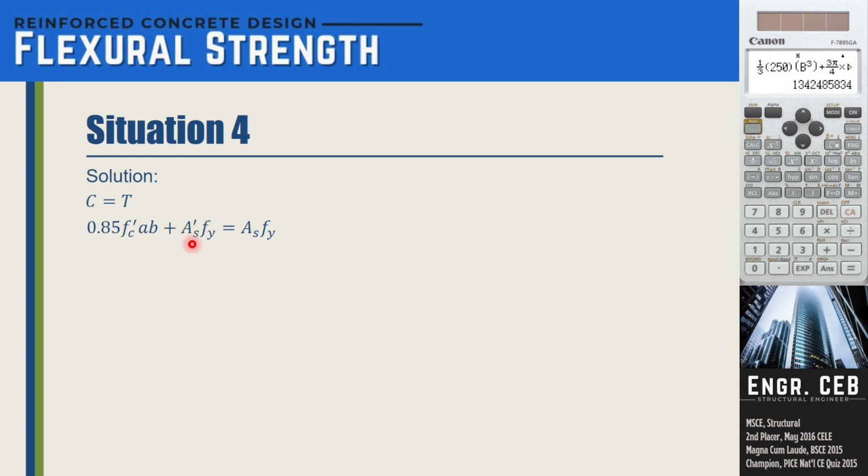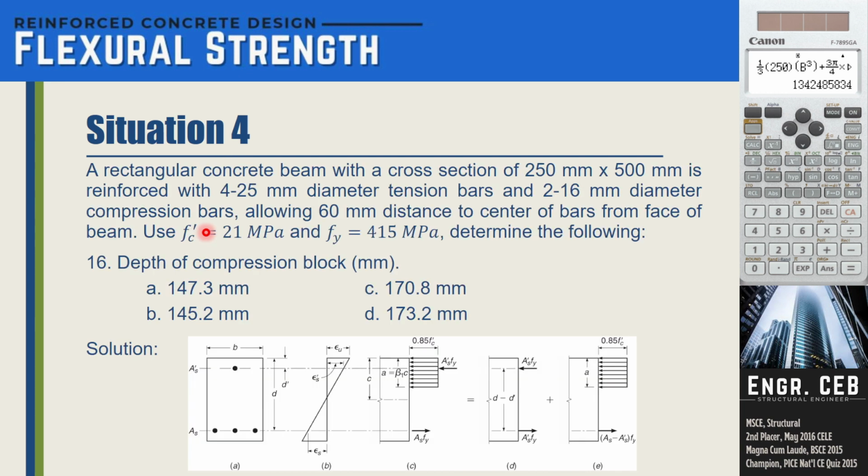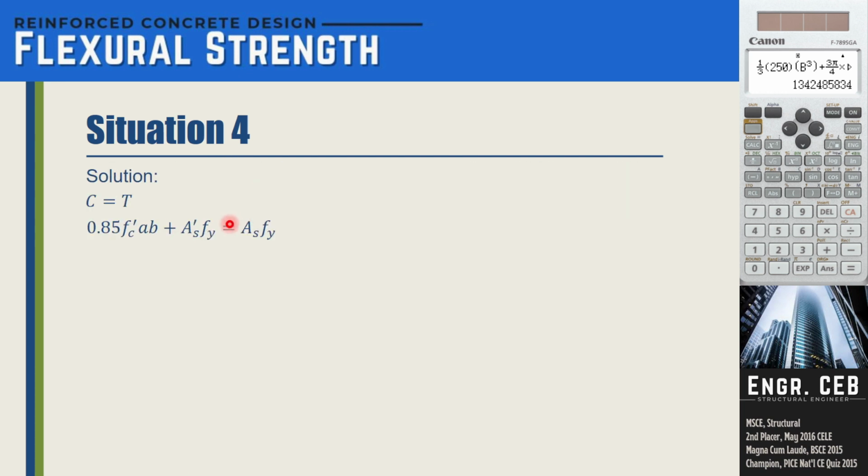And then, it is just added with As prime fy, because we are now considering the steel at the top. And then, we equate that to As fy. This is the area of tension reinforcement times fy. We have an assumption that the stress in the steel equals fy. Okay, so this is the standard assumption that the steel yields.